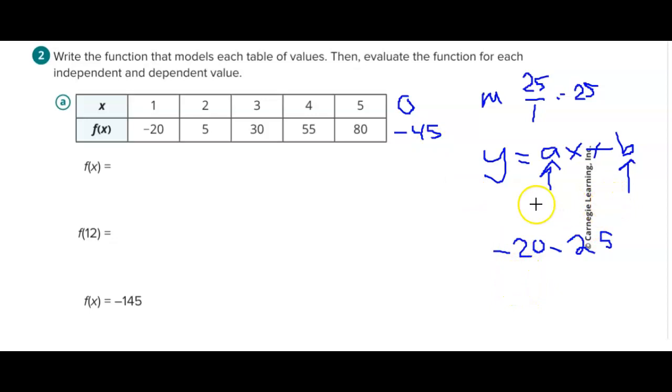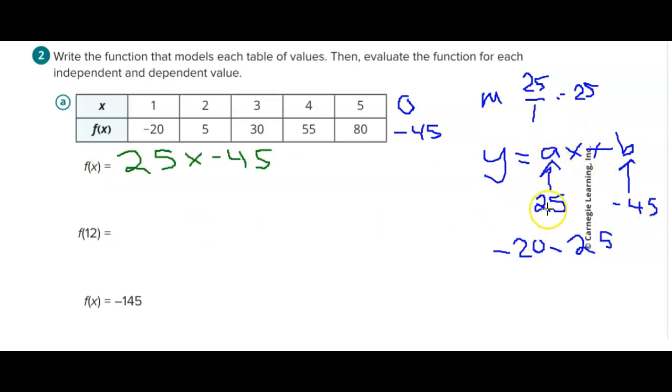So we now know our slope is 25, and we know that our y-intercept is negative 45. So now we're definitely ready to write our function, our equation, because we have the two values that we need to plug in.